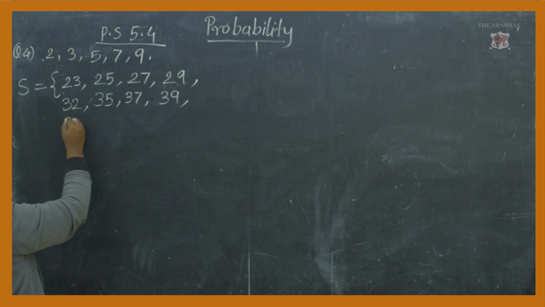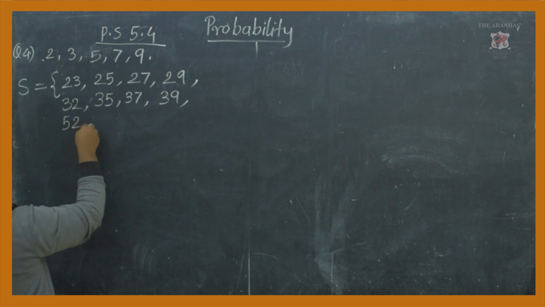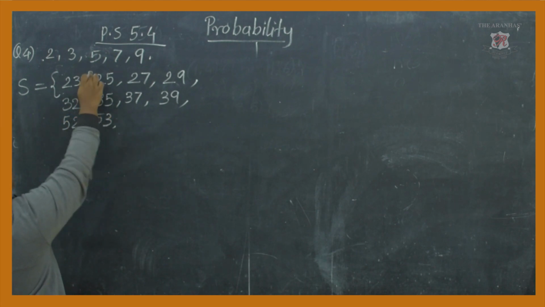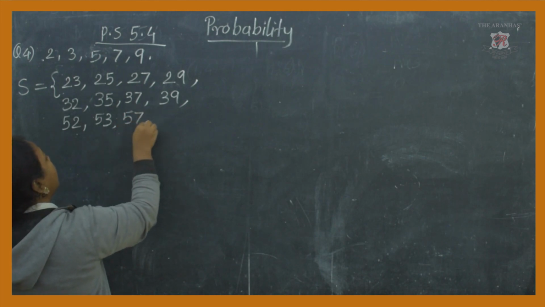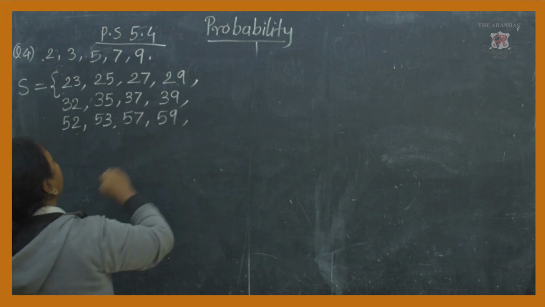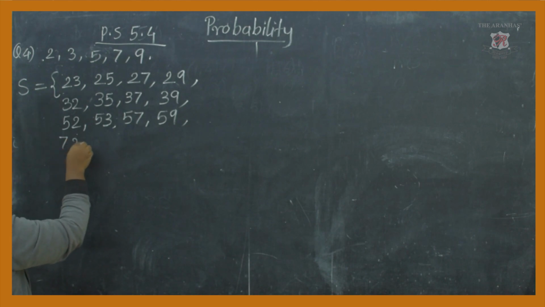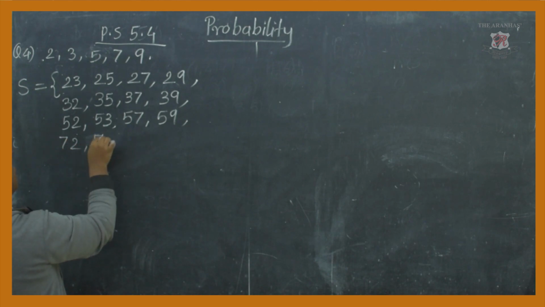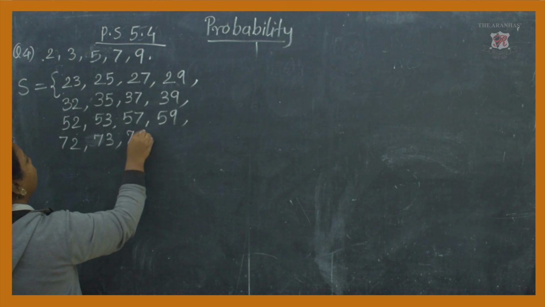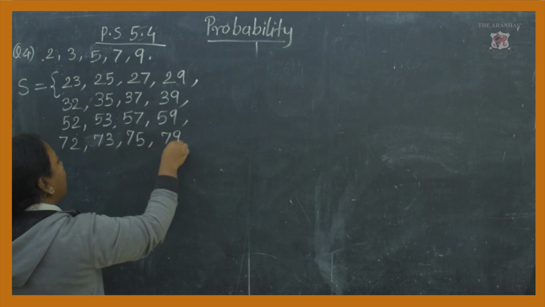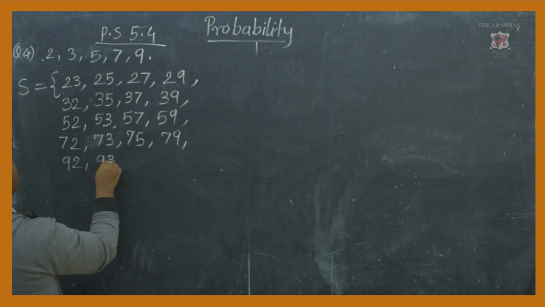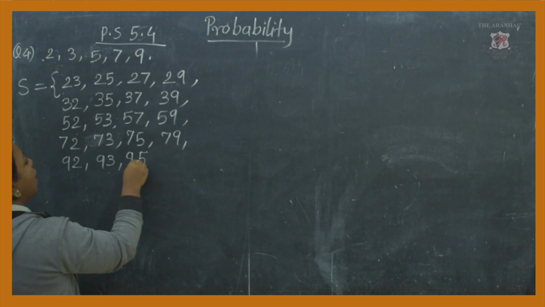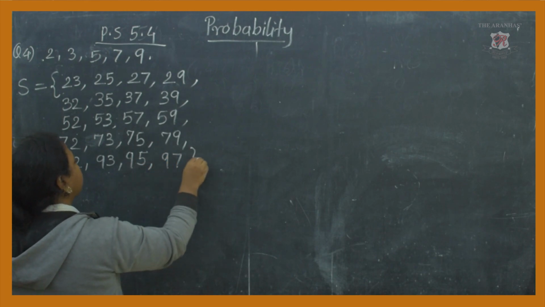Then 52, 53. Again 55 is not there. 57 and 59. Then 72, 73, 75 and 79. 77 will not be included here. Then 92, 93, 95 and 97.